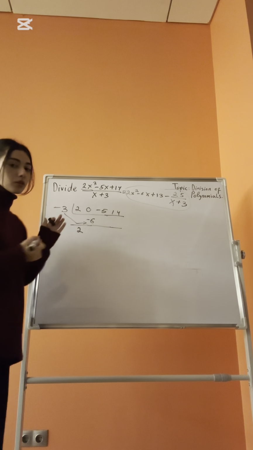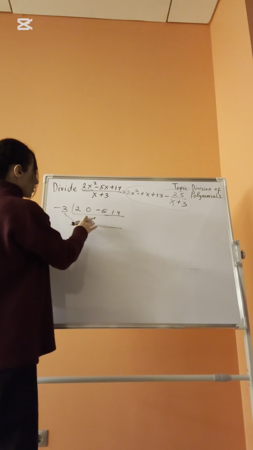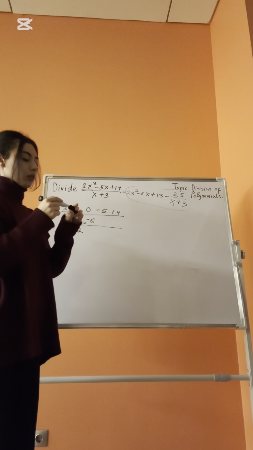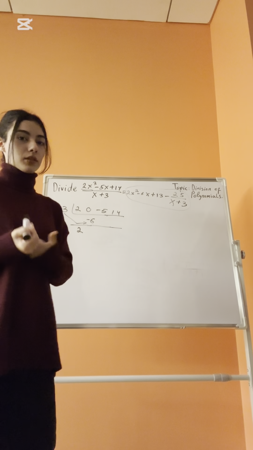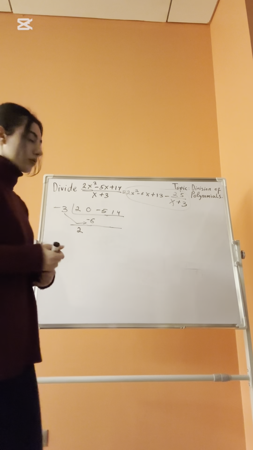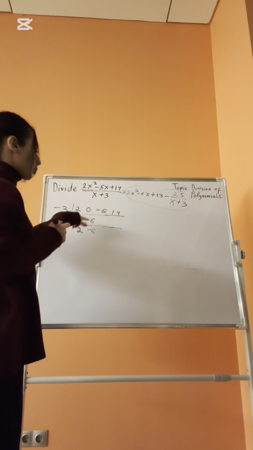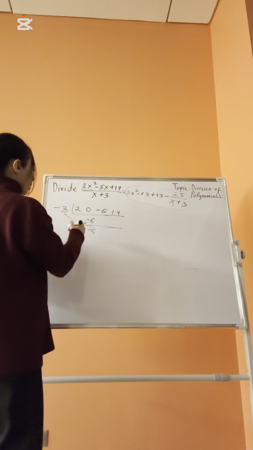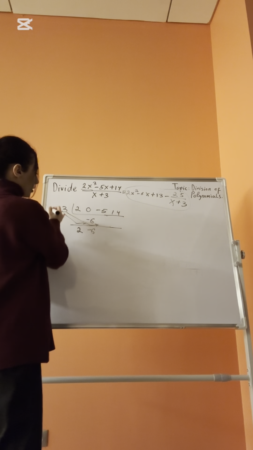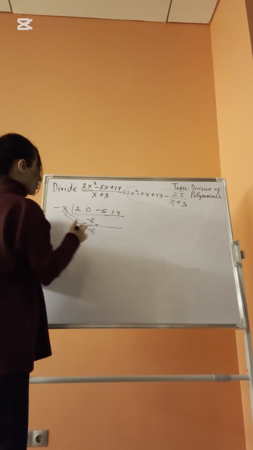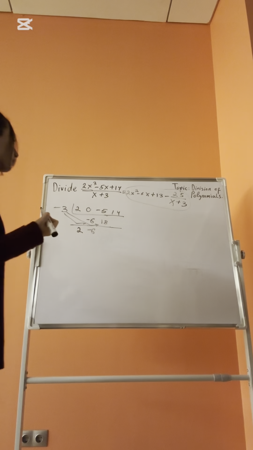I will write the answer under the next term, and then I will add them, not subtract like we did in long division. Here we add, so I will get minus 6 because 0 plus minus 6 is minus 6. And then I will multiply minus 6 by minus 3 and I will get plus 18.